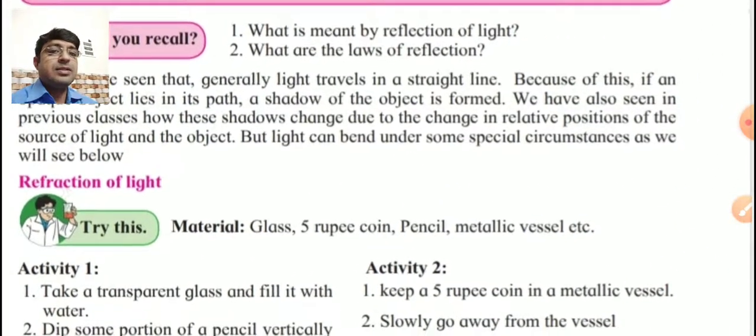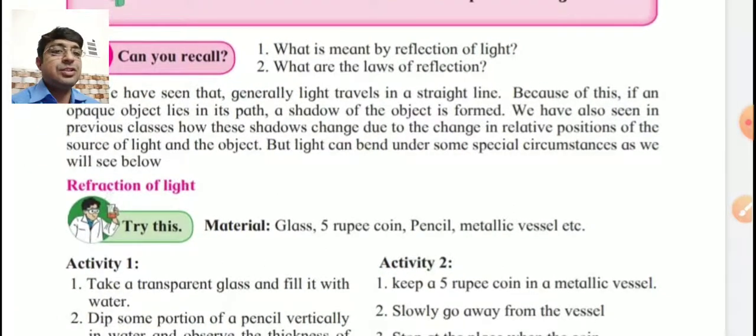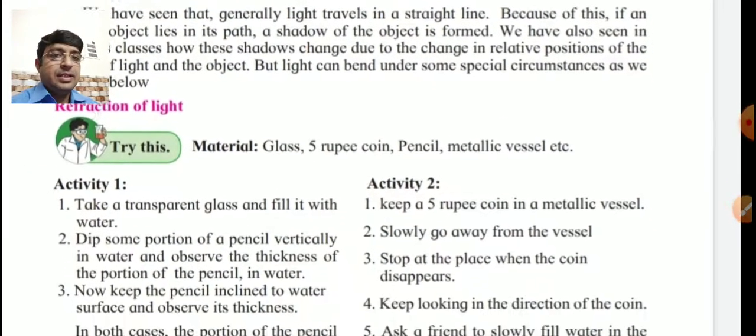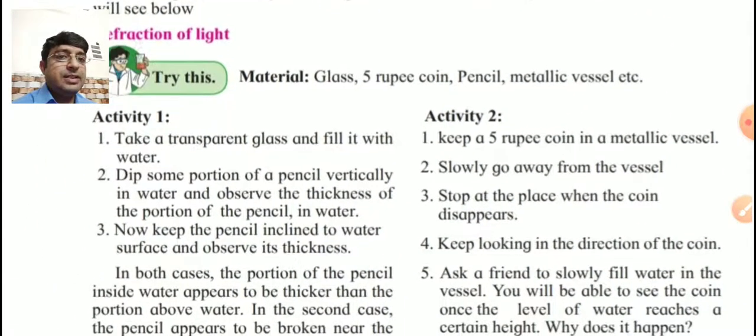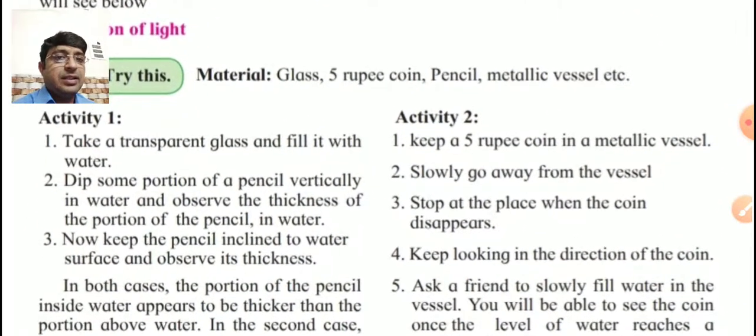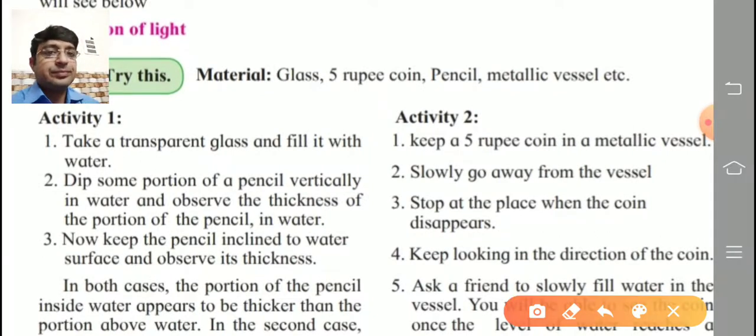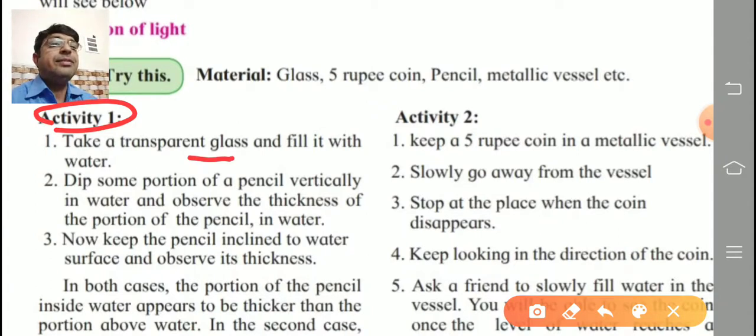Now the first concept we learn here is refraction of light. Now try this, some activity is given for us. Take the first activity. Take a transparent glass and fill it with water.